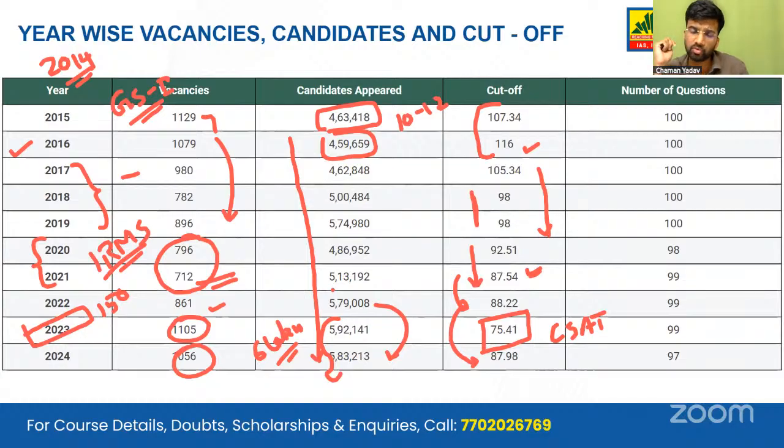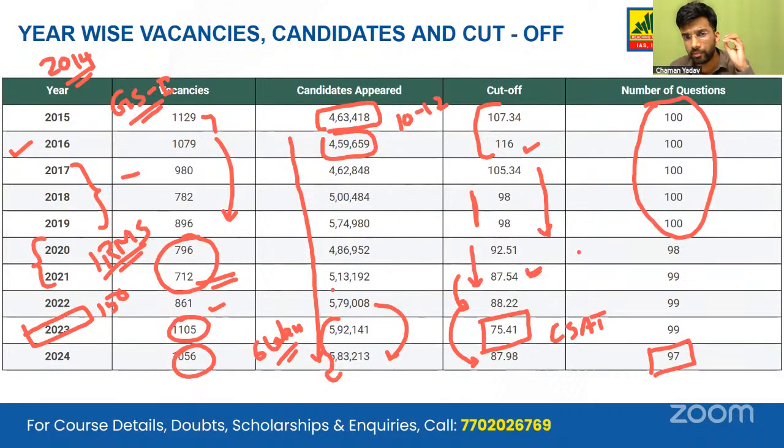But one thing we have to ponder upon: 10 years before, all the 100 questions were taken by UPSC to prepare the answer key and were used to score the candidates. But over the past few years, UPSC has been dropping one or two, and this time they have dropped three questions out of 100.